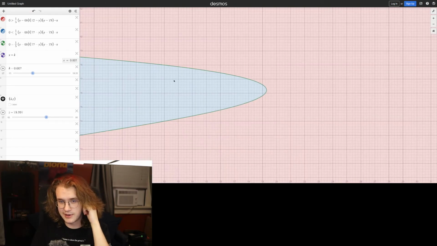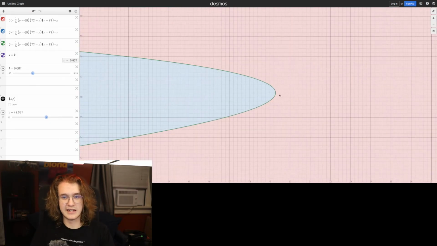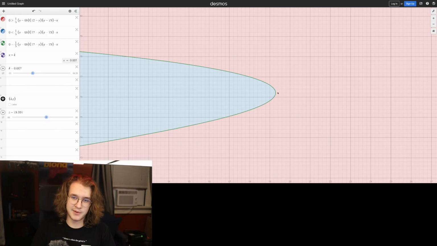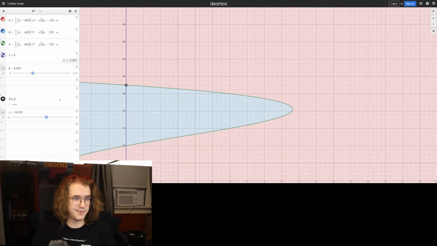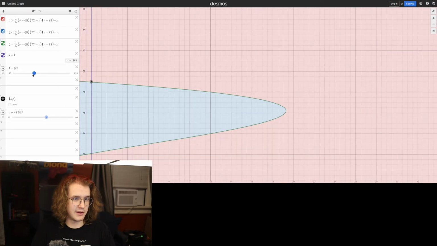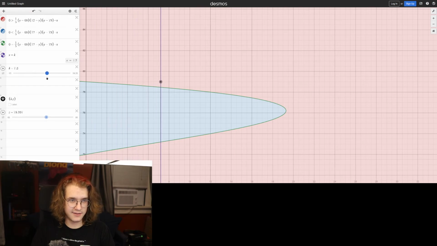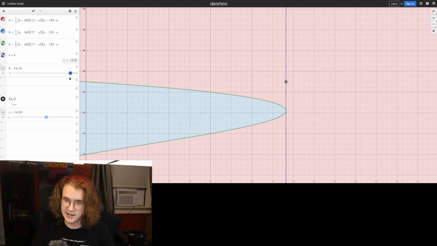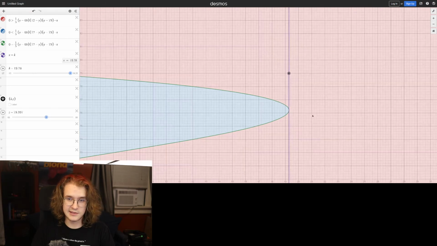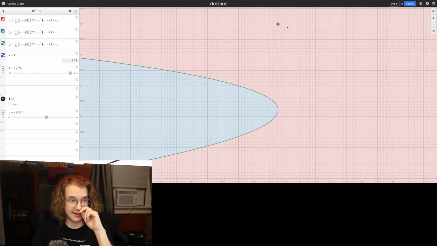What we'd have to do is come all the way over to this point over here, and then get our K value high enough that we can fall off and drop down. So if we do that for a little bit, we can imagine that our value for K is going to be increasing all the way up until this point. So our K value is going to be 19.28.